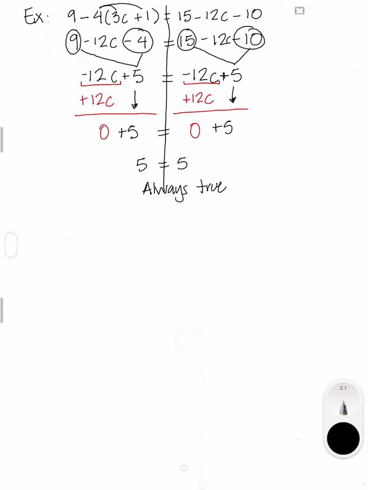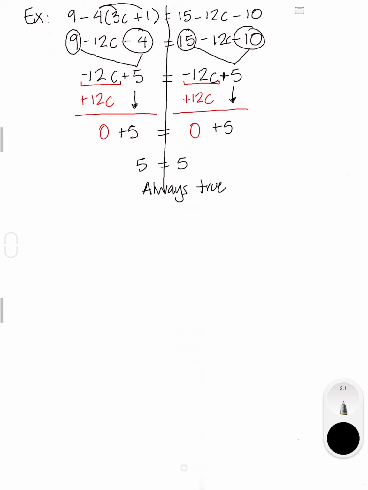That means that c has infinitely many solutions. So there's infinitely many solutions for this equation because we ended up with the number being equal to itself. So it doesn't matter what value we put for c, this equation is always going to be true.